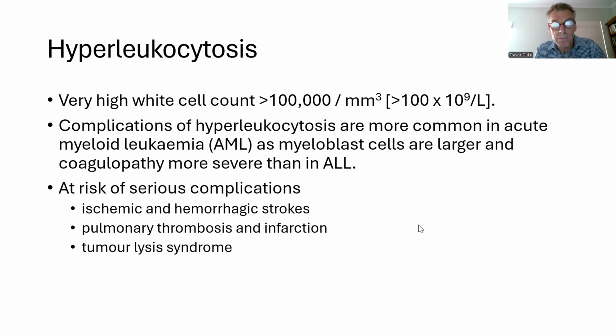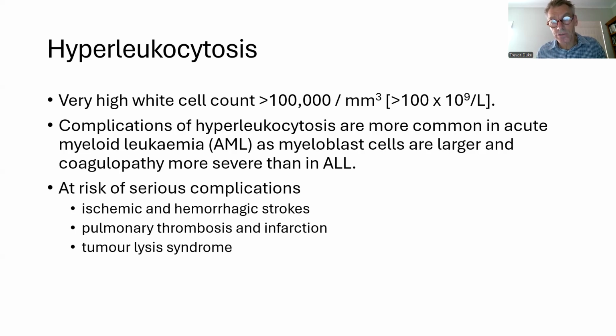So, firstly, hyperleukocytosis. Some children with leukemia have a low white cell count. They may have a marrow aplasia, but more often they have a high white cell count, and very high white cell counts are more than 100,000 per millimeter cubed, or more than 100 times 10 to the 9 per liter.